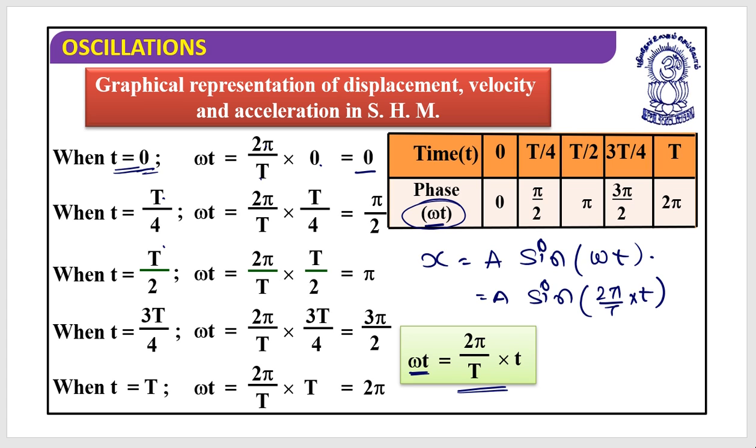At t = T/4, it's 2π/T into T/4. This T has gone, and this is 2π/4, which is π/2.